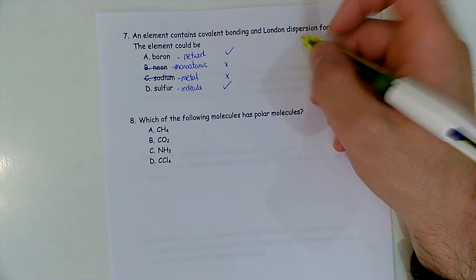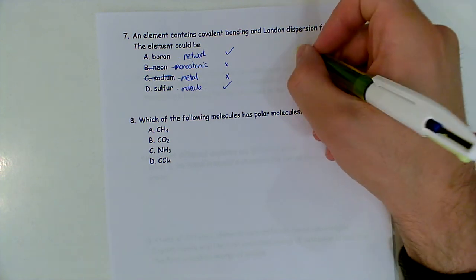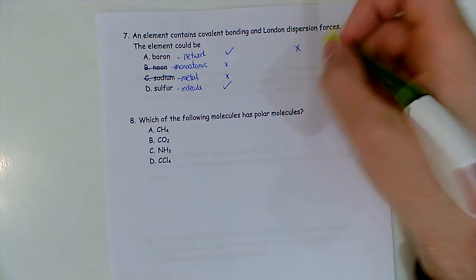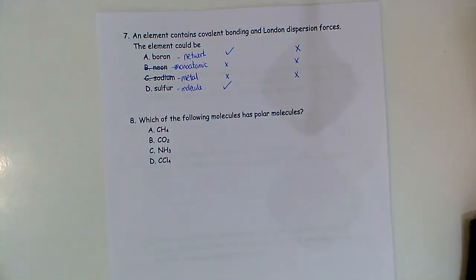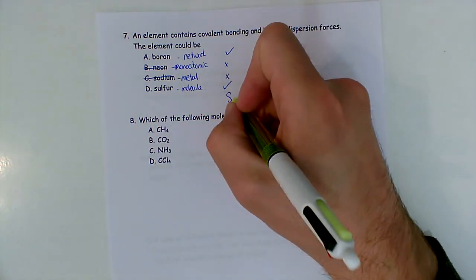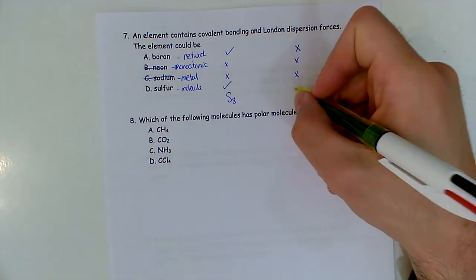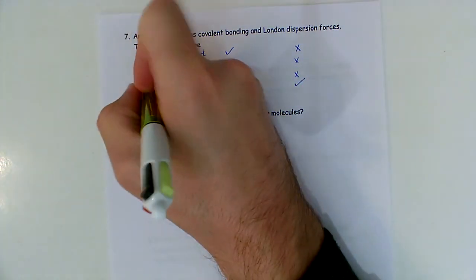In terms of London dispersion forces, if something is a network, it does not have intermolecular forces. So that doesn't meet it. These two we already know it can't be. Sulfur is S8, and those molecules always have London dispersion forces, so that is our answer.